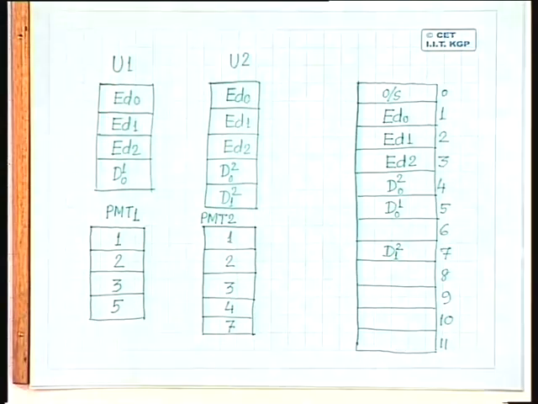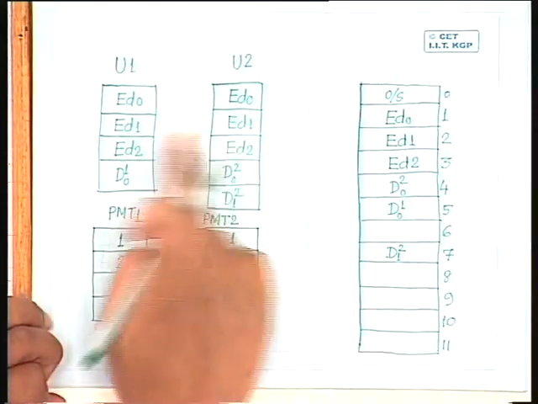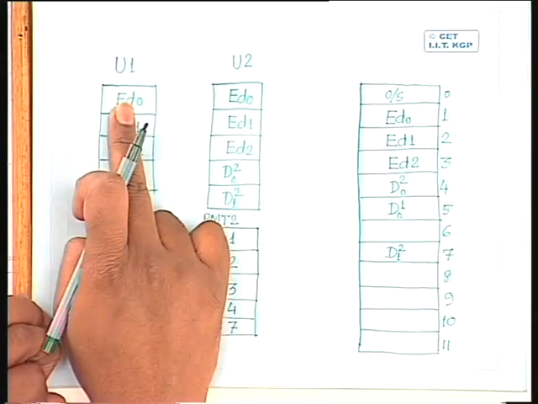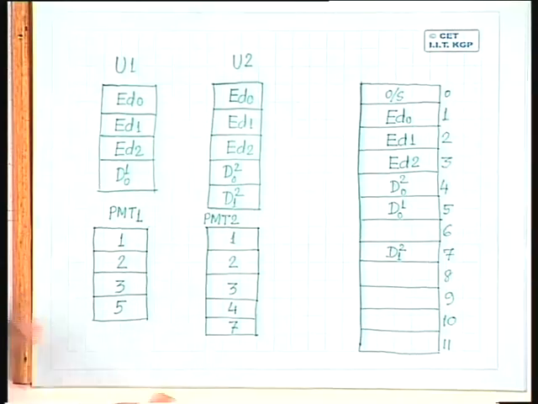Okay. So now we find that during execution of this edit program, whether it is executed by user program 1 or by user program 2, whenever the logical address is generated, the logical address will be broken into page number and offset.